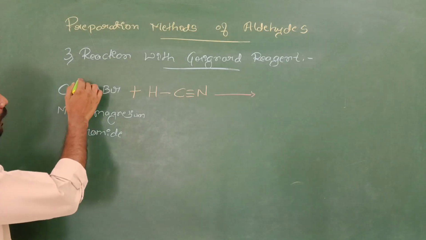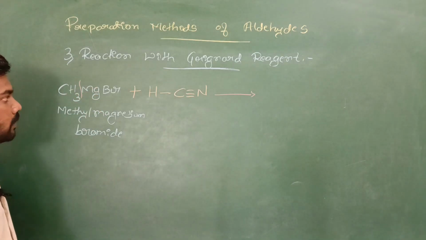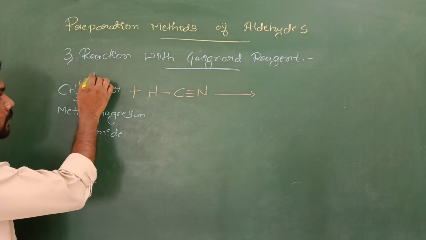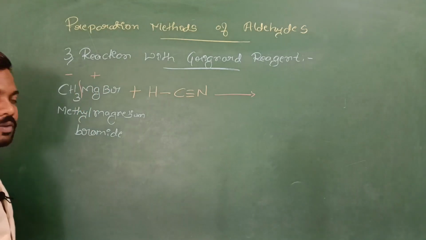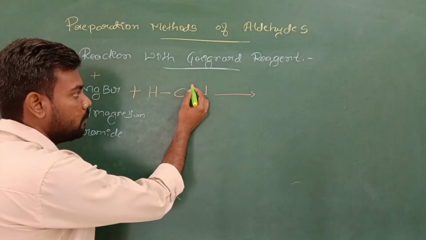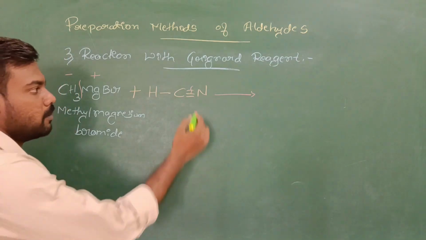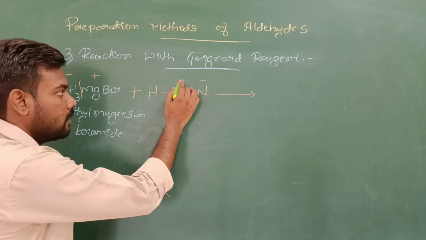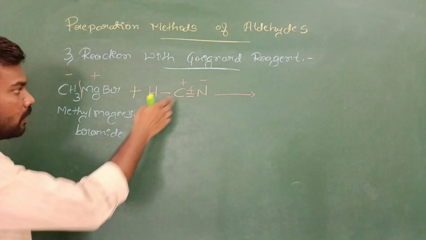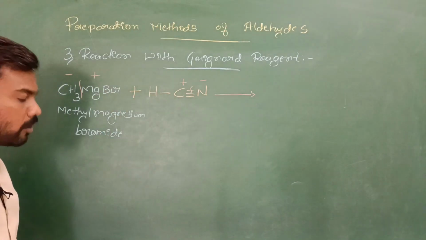The bond between the carbon and magnesium will break. The magnesium will carry a positive charge and the carbon atom will carry a negative charge. Here, the bond between the carbon atom and the nitrogen atom will break. The nitrogen atom will carry a negative charge and the carbon atom will carry a positive charge. The opposite charges will form bonds.